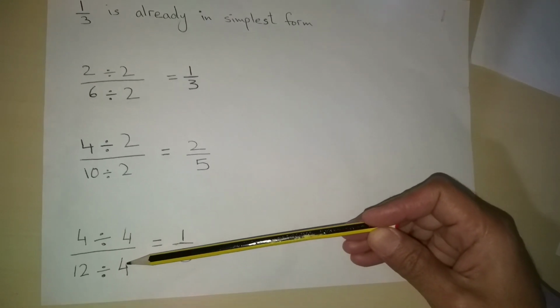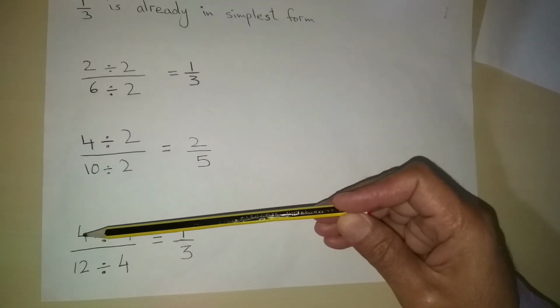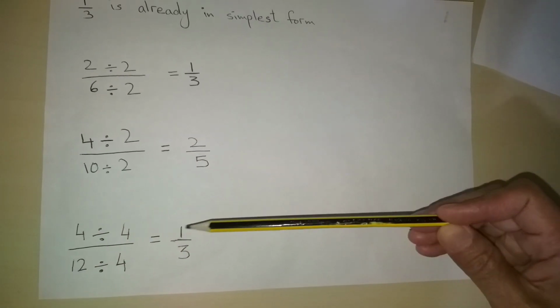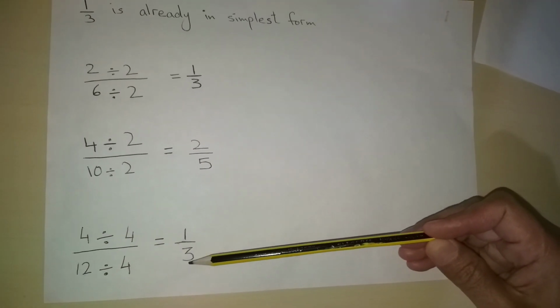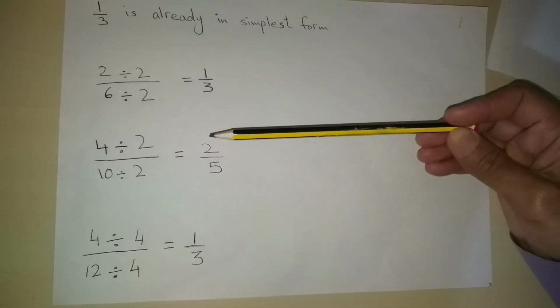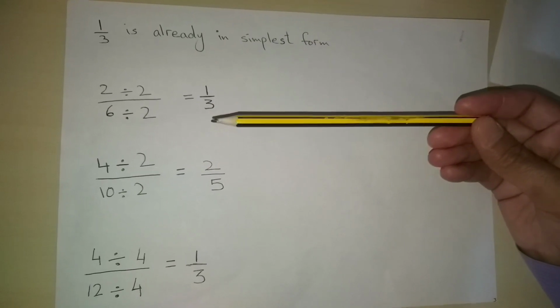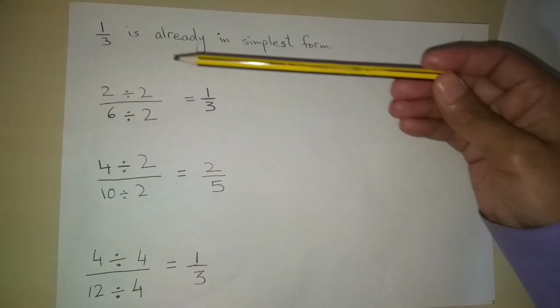And for the fourth fraction, I divided the numerator and the denominator by 4 and got 1 divided by 3.